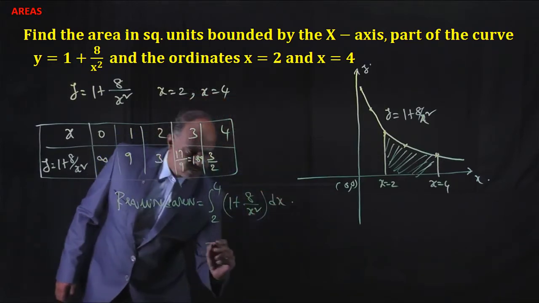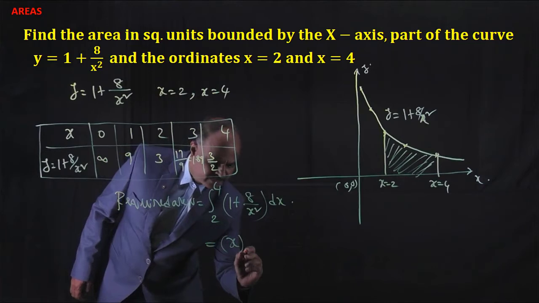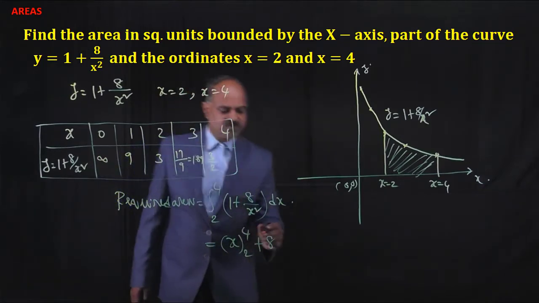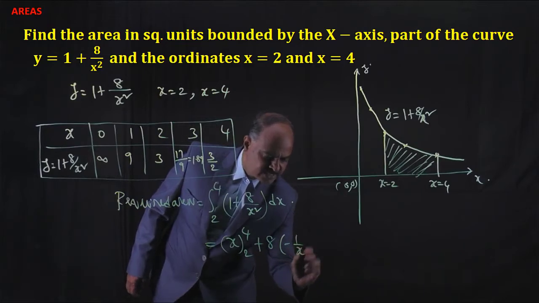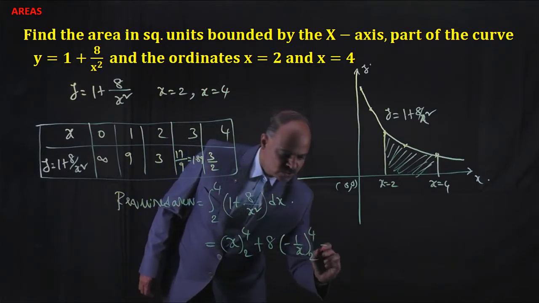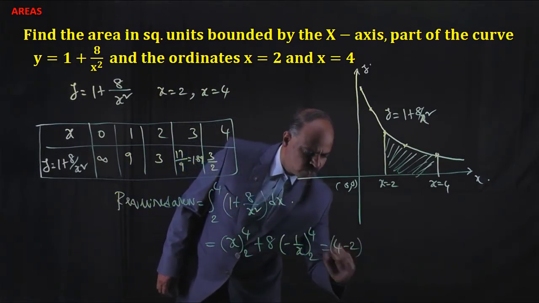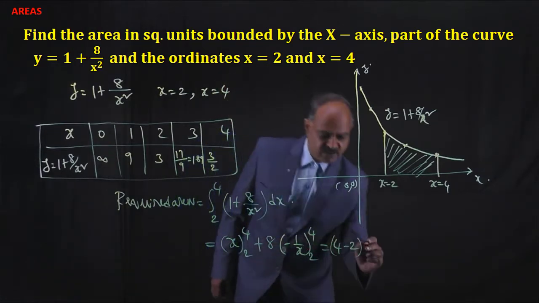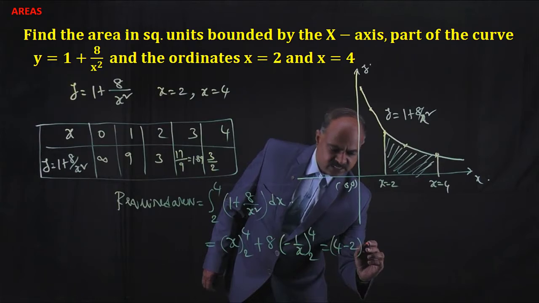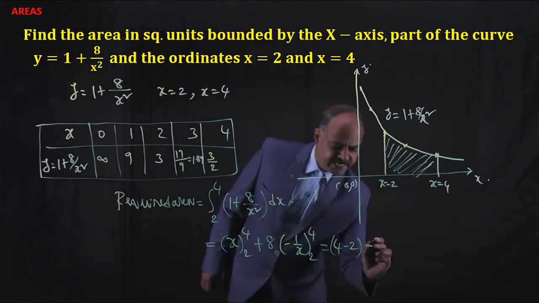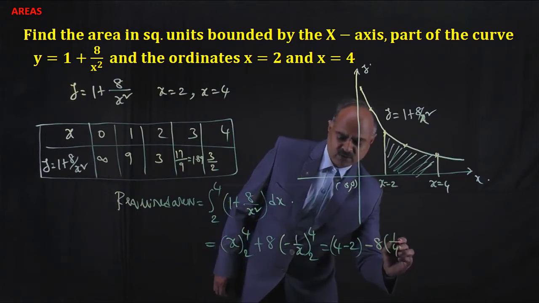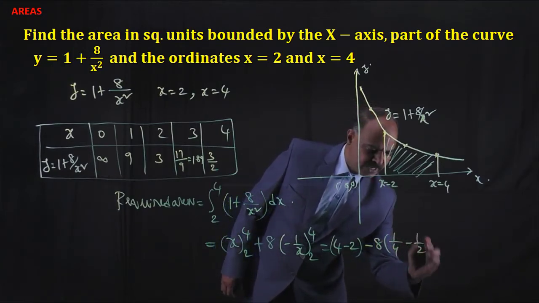Now this is equal to integral dx, equal to x, limits 2 to 4, plus 8 into integral 1 by x square dx, equal to minus 1 by x, limits 2 to 4. So that is equal to 4 minus 2, substitute the upper limit in place of x, minus substitute the lower limit in place of x. So here minus 8 into 1 by 4 minus 1 by 2.